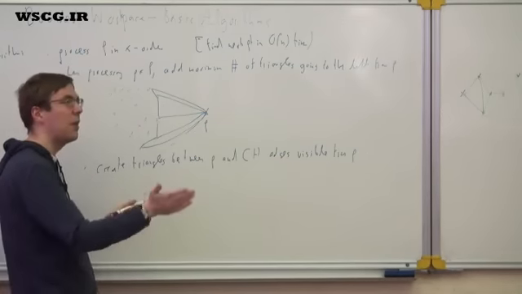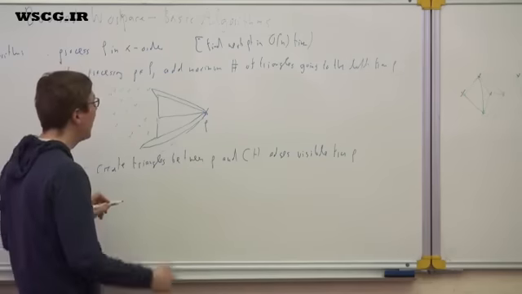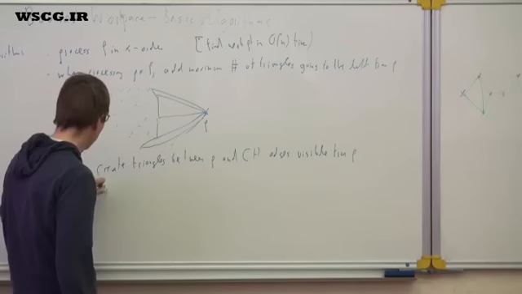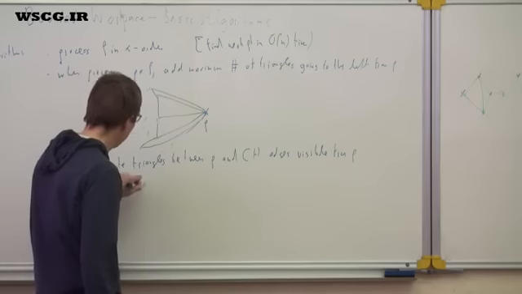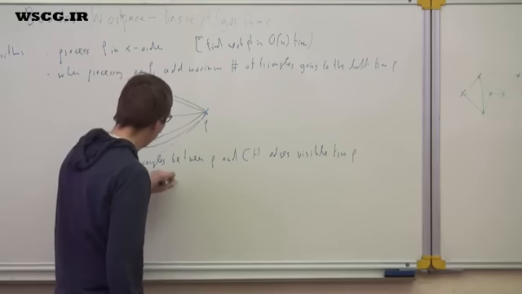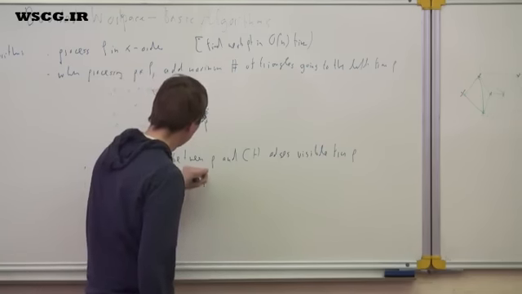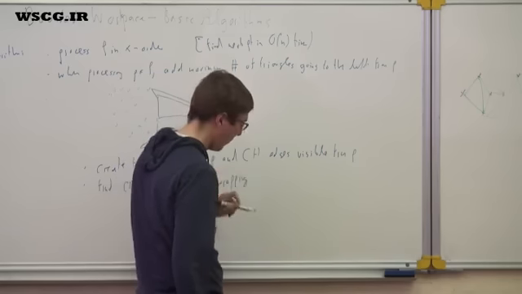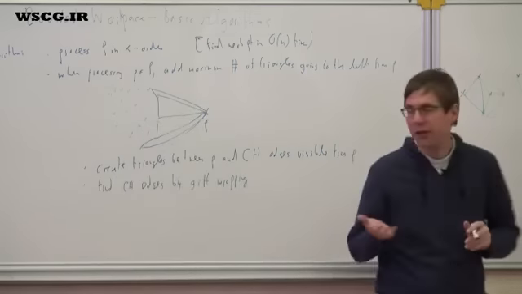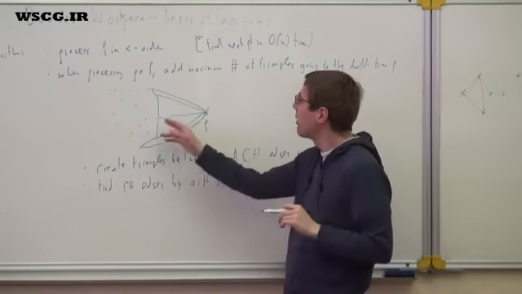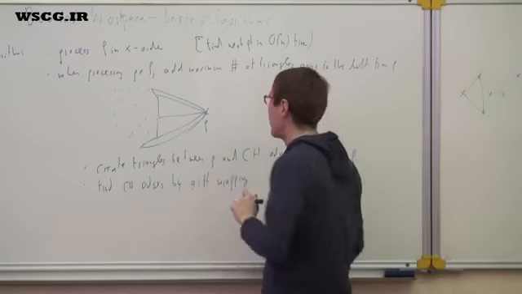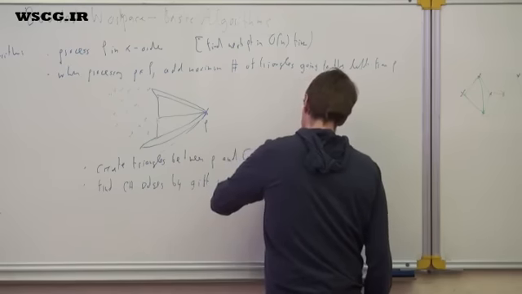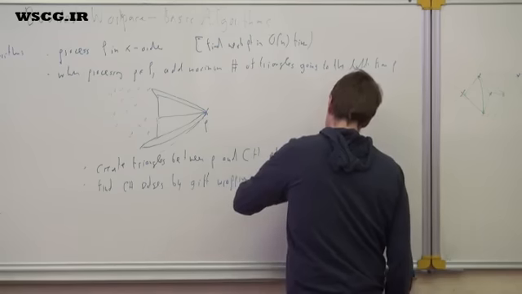We add triangles between P and the convex hull edges to the left of P. And we find these convex hull edges by gift wrapping, because I know I can start from P's predecessor.